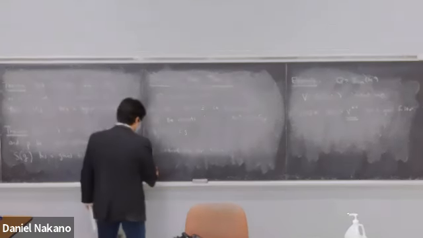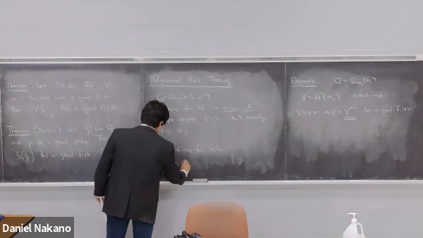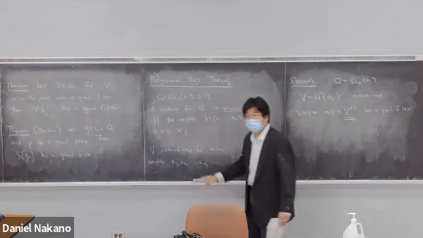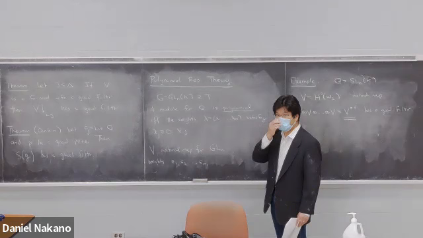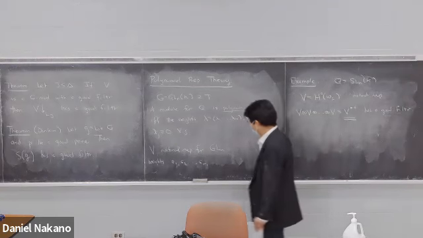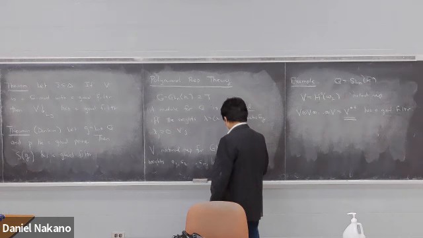We actually calculated this before. The weights are epsilon_1, epsilon_2, ..., epsilon_n. They're just the unit vectors. And so this is a polynomial representation.